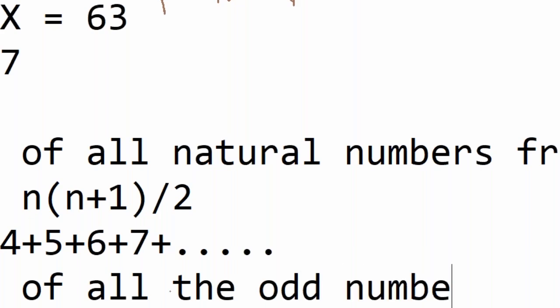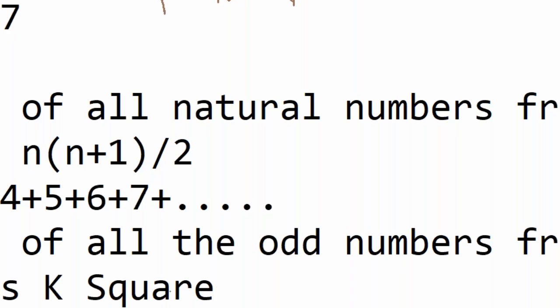Second one. Sum of all the odd numbers from 1 to n is k square.